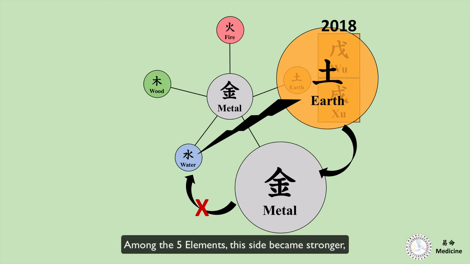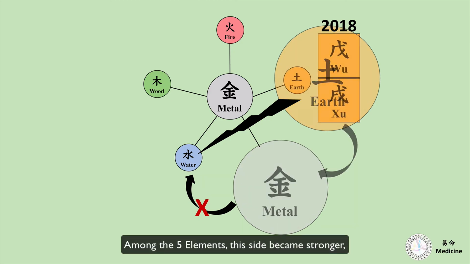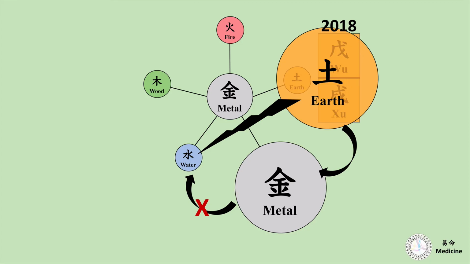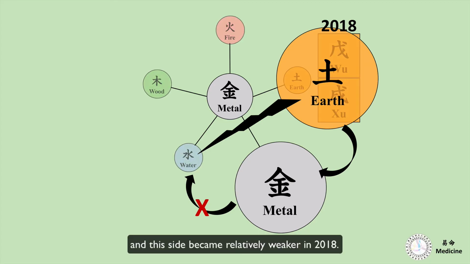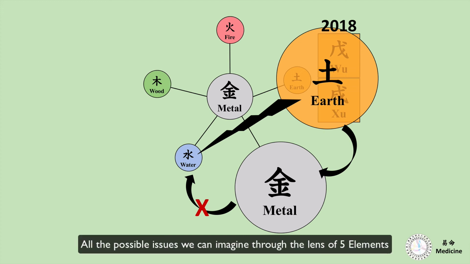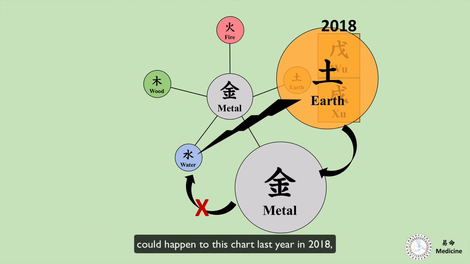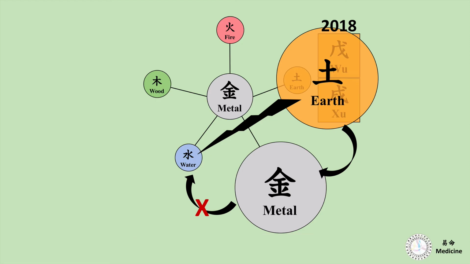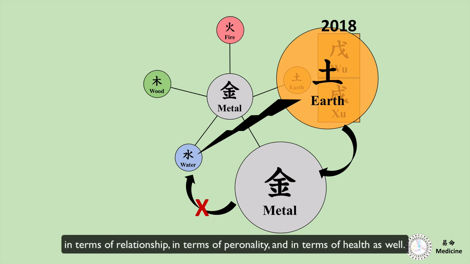So, among the 5 elements, this side became stronger and this side became relatively weaker in 2018. And all the possible issues we can imagine through the lens of 5 elements could happen to this chart last year in 2018. In terms of relationship, in terms of personality, in terms of health as well.